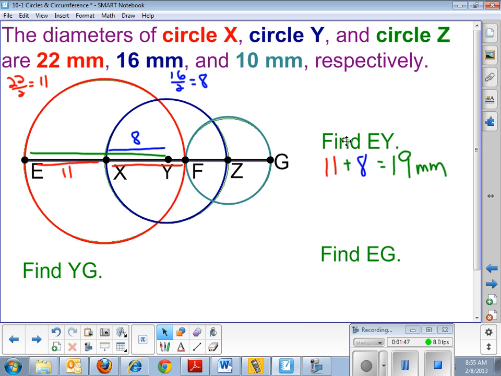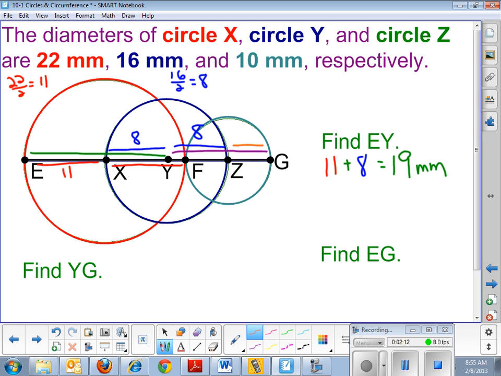Next one I'm going to look at the length of segment YG. Let's use purple to highlight that. So segment YG, that whole one there. Now in this one, I know the diameter of circle Y is 8, so that's going to give me part of it. And then all I have left is this length right here.